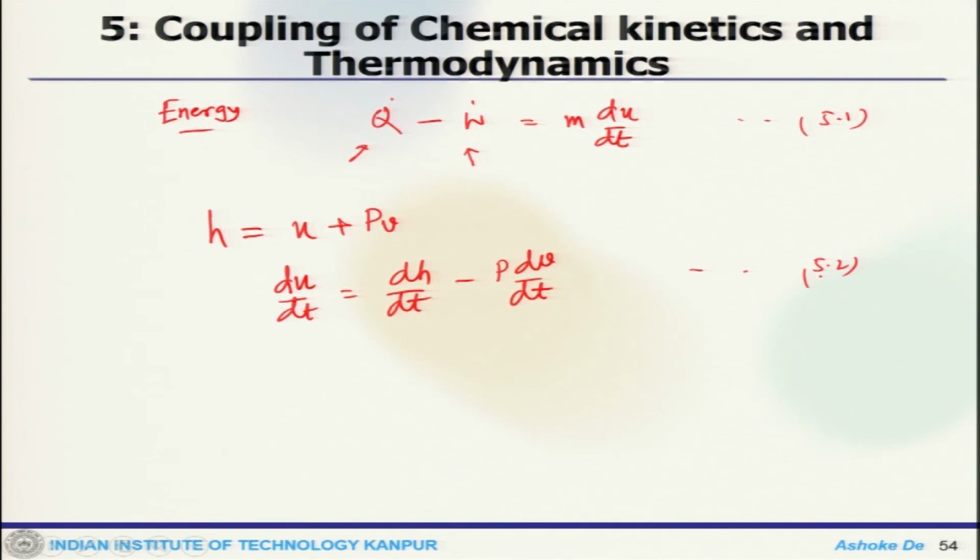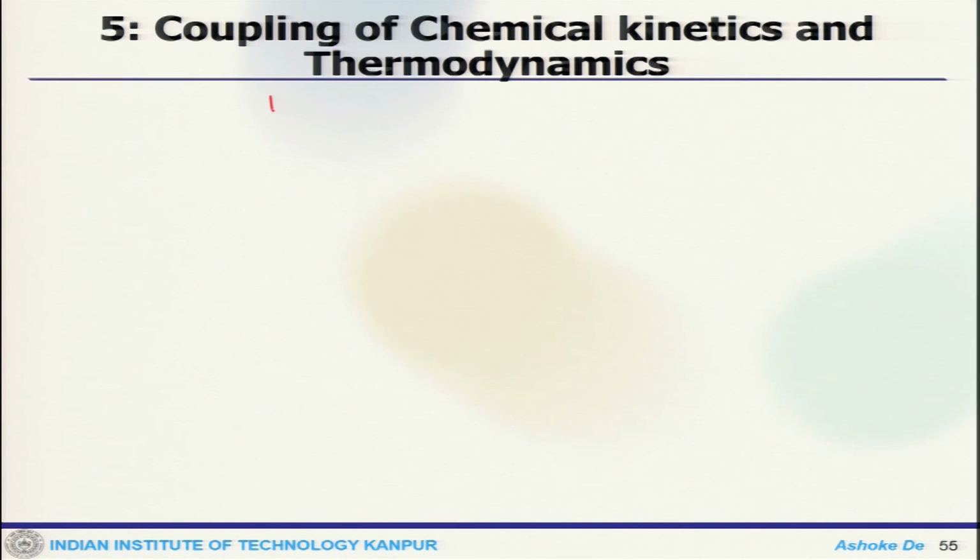So, that is what we get. Now, if we assume, so that is an assumption, that it is only the P dV work at the piston, then W dot by m is P dV by dt. Now, if we put things together, what we get? Q dot by m equals dH by dt.